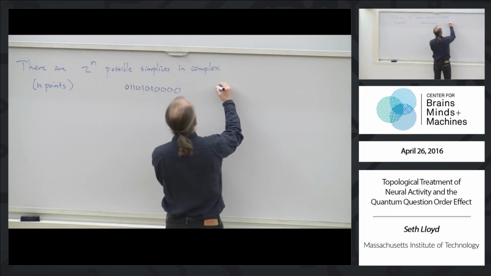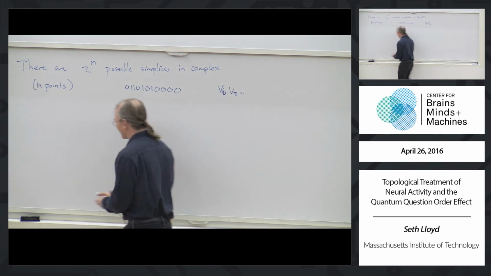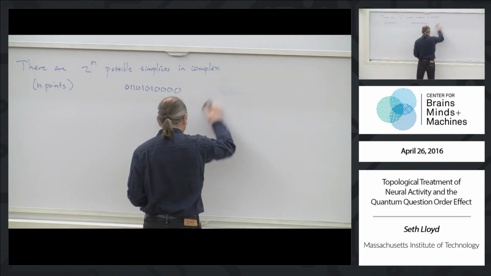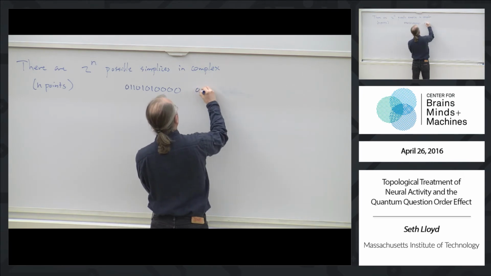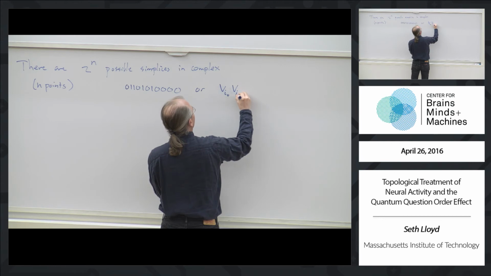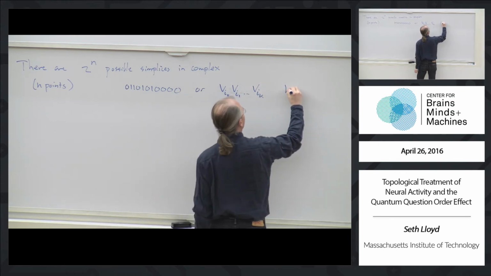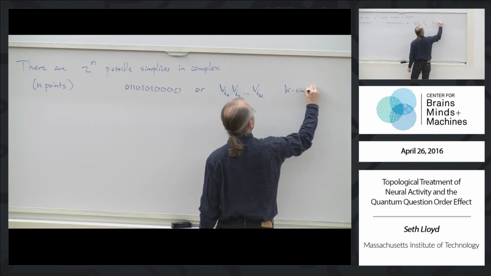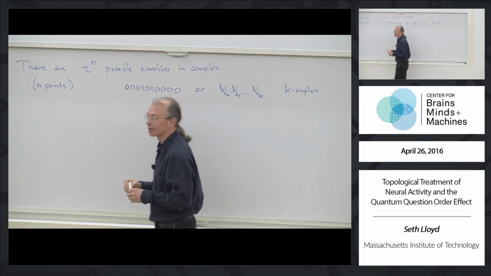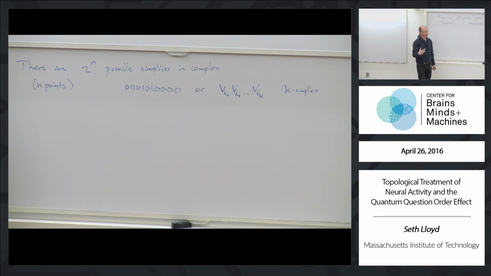I could also give a list of vertices. So vertex i0, vertex i1, up to vertex ik. Because note that a triangle is a 2-simplex, so a K-simplex has K plus 1 vertices.